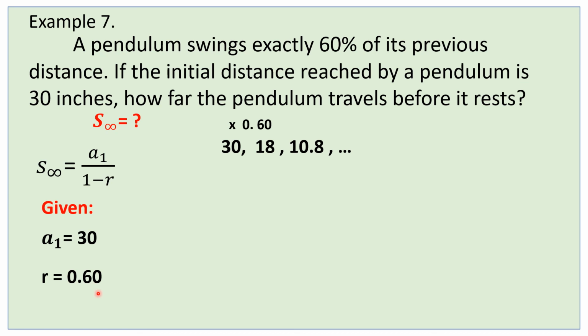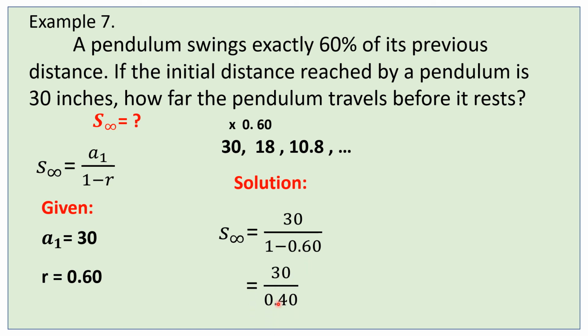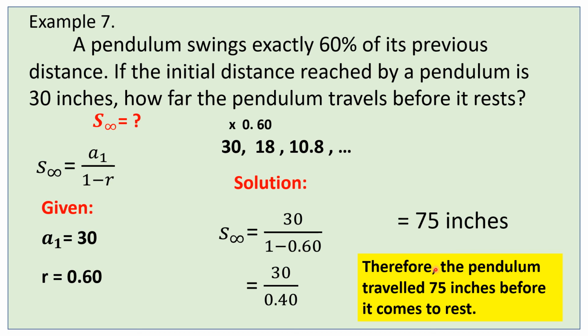So, substituting from the formula, first term is 30 all over 1 minus our common ratio is 0.60. So, yung denominator natin will become 0.40. So, 30 divided by 0.40, that is equal to 75. So, 75 inches. Therefore, the pendulum traveled 75 inches before it comes to rest.